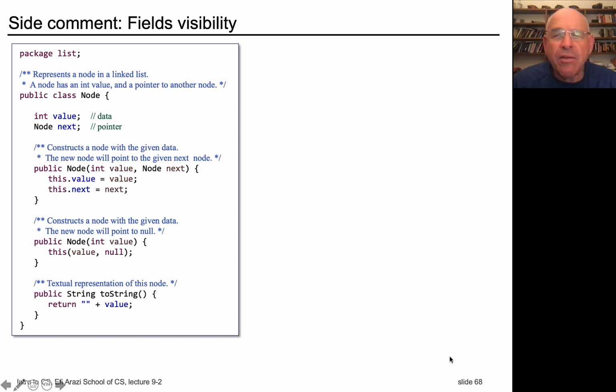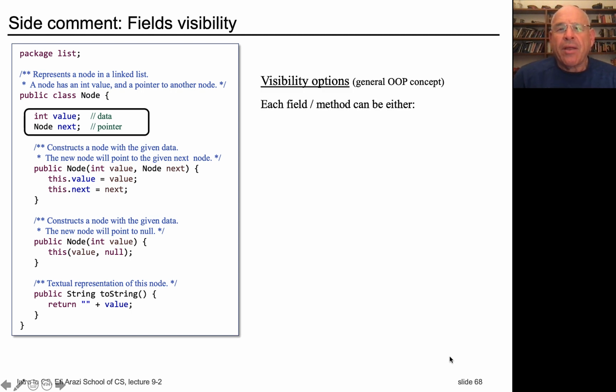So what does it mean to declare fields that have no public or private qualifiers? Well, there are several different visibility options in Java, and each field and also each method in your class can be one of the following.